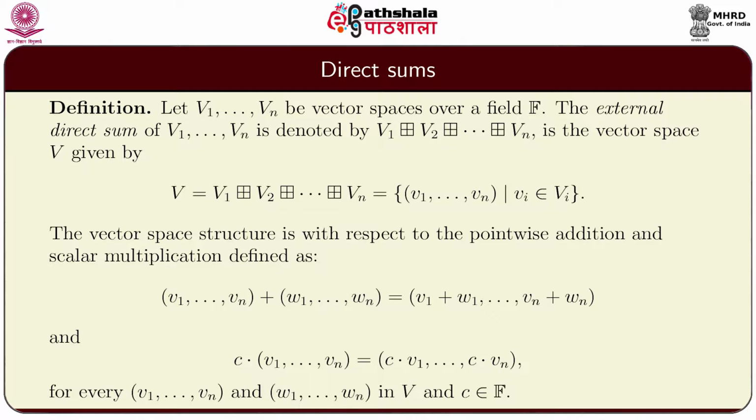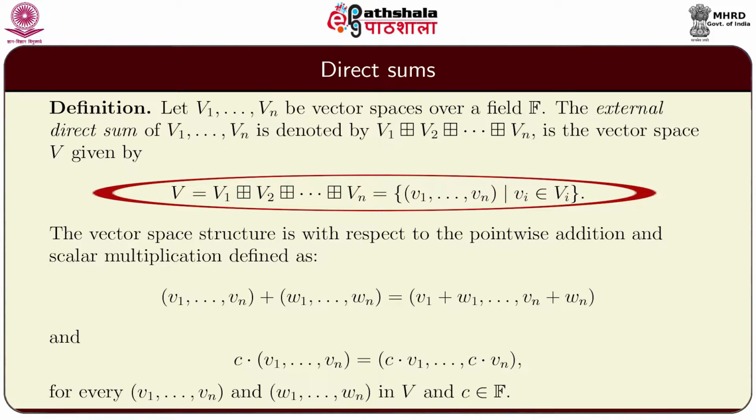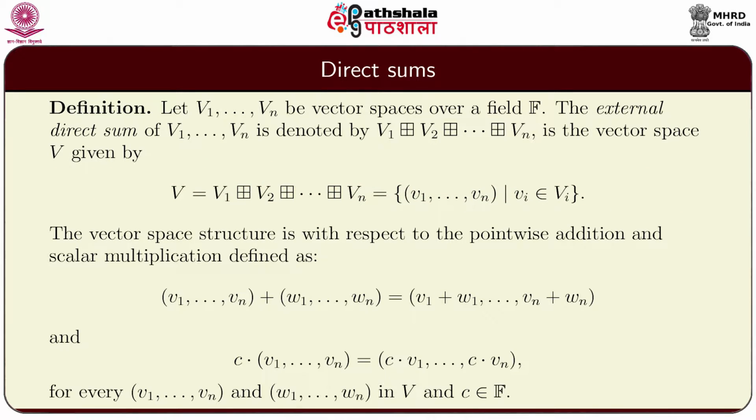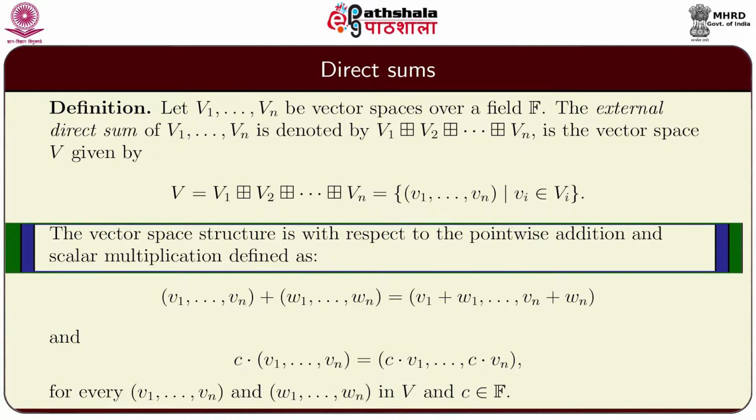a vector space where the underlying set is nothing but the Cartesian product of V1, V2 and so on up to Vn. That is the collection of all these n tuples (v1, v2 and so on up to vn), where vi belongs to the vector space Vi, and the vector space structure is with respect to the pointwise addition and scalar multiplication defined in the usual way.